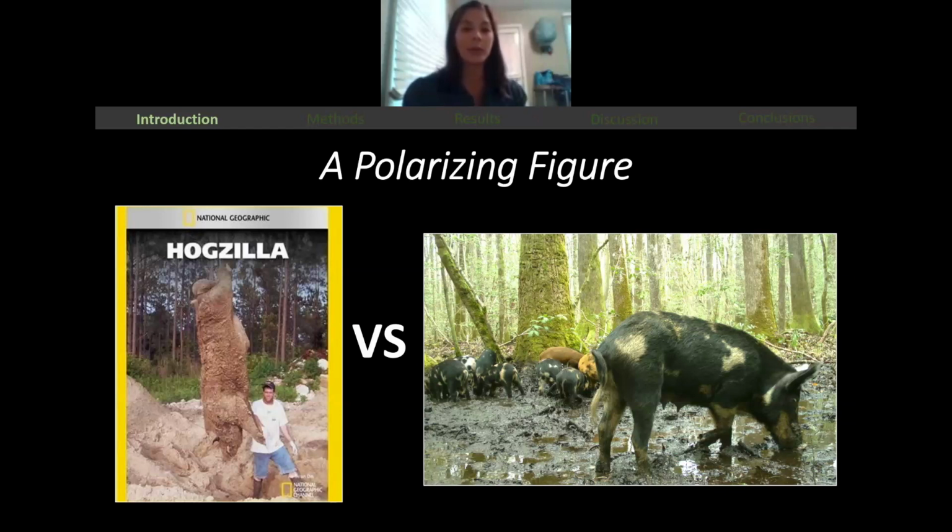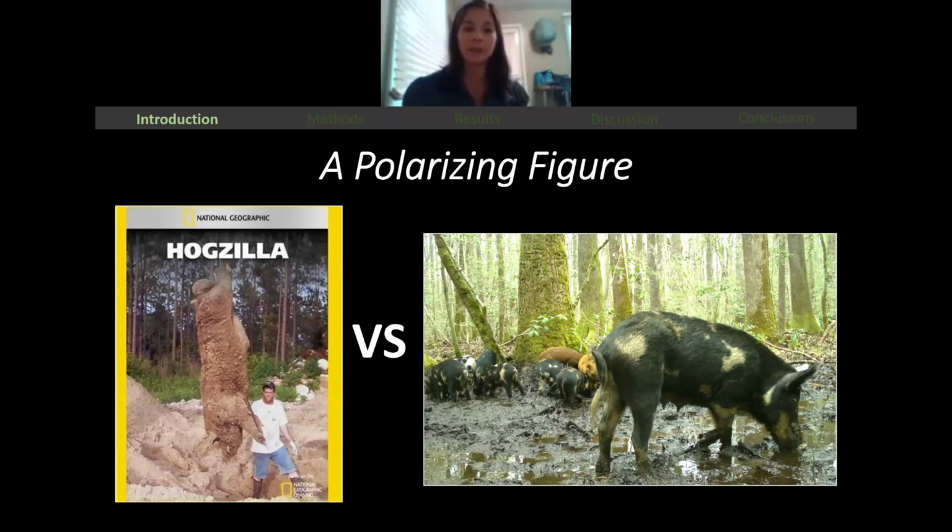This popularity has really contributed to this behavior from people to capture wild pigs in areas and then move them to another area where they may not be very prevalent or may not have yet expanded to. And so this behavior of translocating wild pigs has really affected their spread across the US. So it has contributed to the exponential increase over about the past 30 or so years of wild pigs in the US.